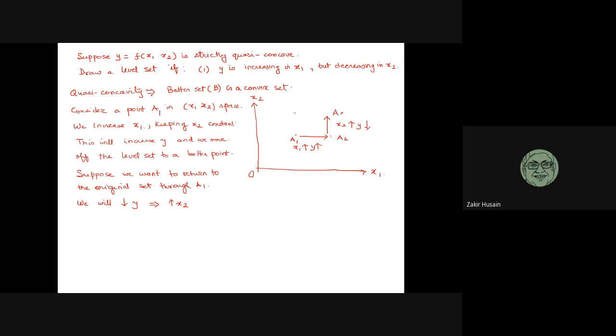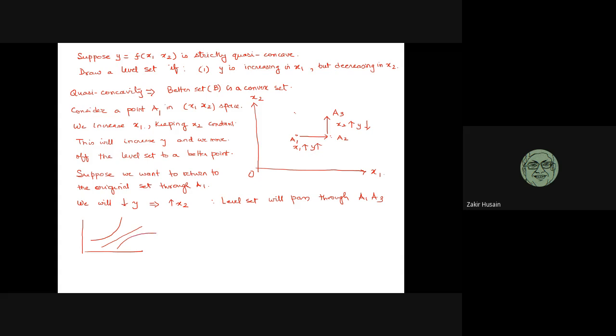Right? And we move to A3. So the level set will pass through A1 and A3. Right? Now you can have three situations. The level set can be like this, it can be like this, or it can be like this. Okay.